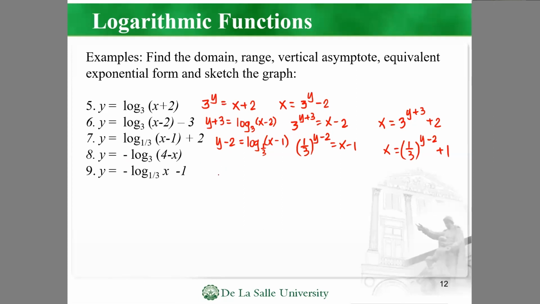What can I do with that, guys? Can I just make it negative y is log base 3 of 4 minus x? Can I do that? I can, right? Therefore, this becomes 3 to the negative y is equal to 4 minus x. So what I need is the x. So x is equal to 3 to the negative y plus 4.